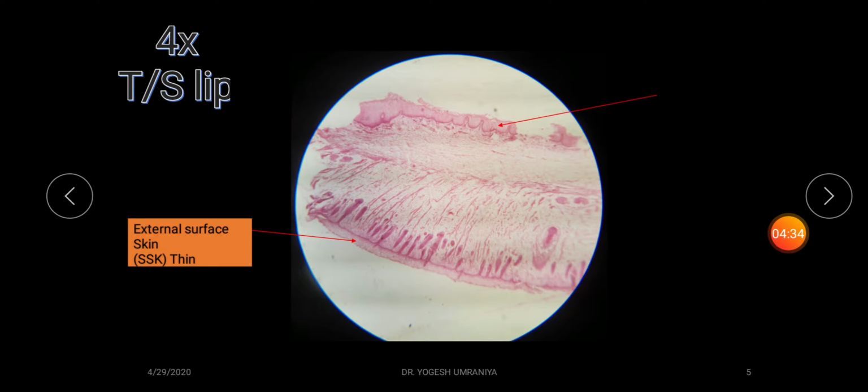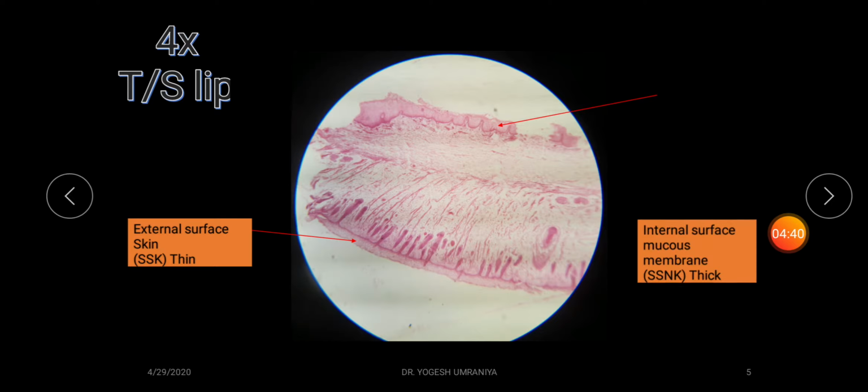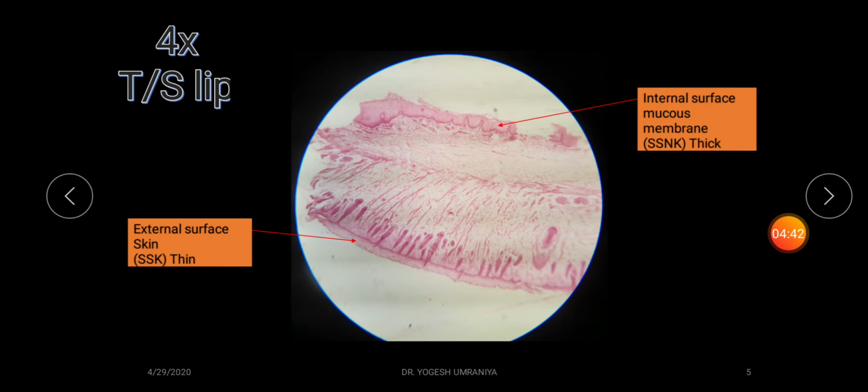On the top aspect you can see this layer, that is somewhat thick as compared to the external layer, that is the internal surface, that is lined by the mucous membrane, which is having the stratified squamous non-keratinized type of epithelium, and that is somewhat thicker as compared to the external aspect of the lip.